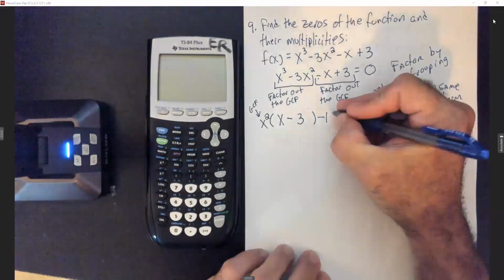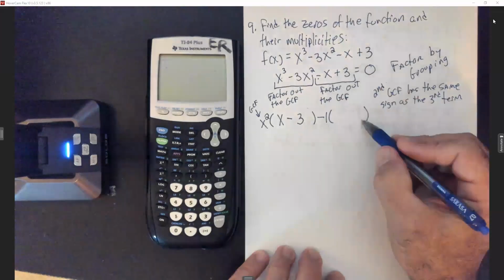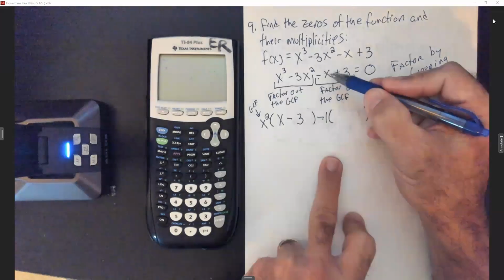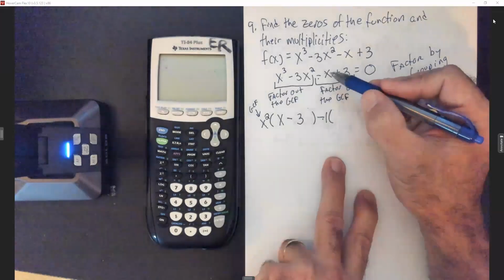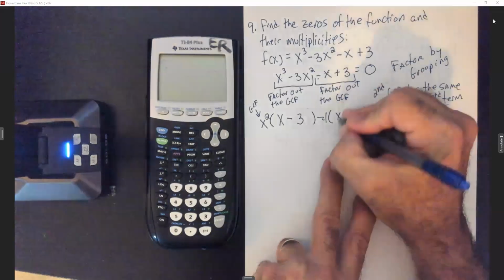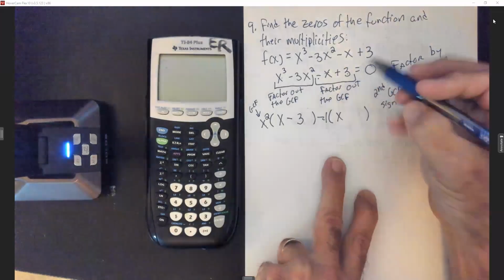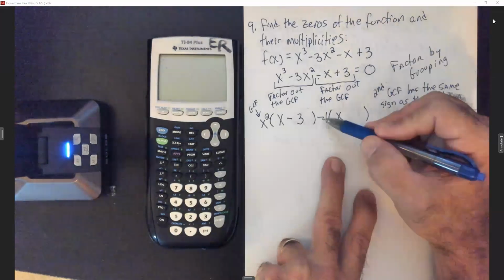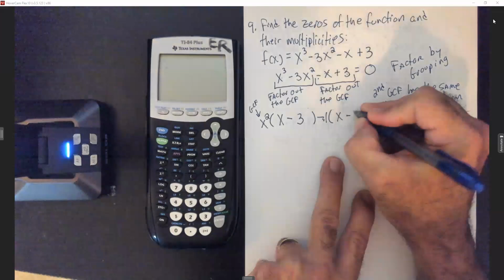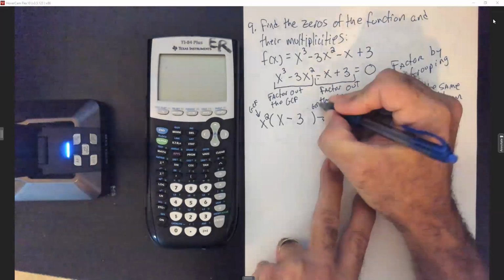And then remember, second parentheses, I'm going to take both of these and divide by that negative 1. So a negative x divided by negative 1 makes that a positive x. A positive 3 divided by that negative 1 makes that a negative 3. So my second GCF was negative 1.